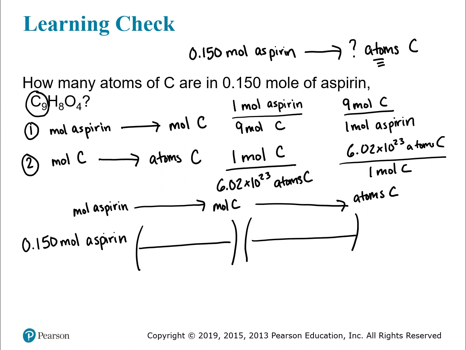To get rid of moles of aspirin from the numerator, we need the unit, or the conversion factor. Unit factor is what other books call it. I've got so much terminology in my brain, sometimes it hurts. We need to choose the conversion factor with moles of aspirin in the denominator.